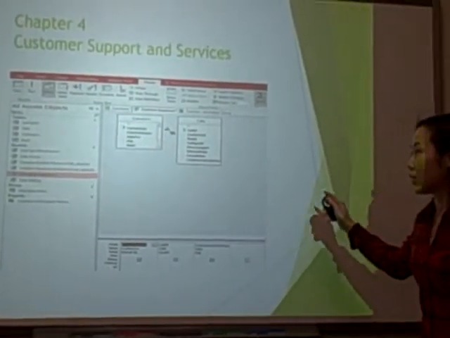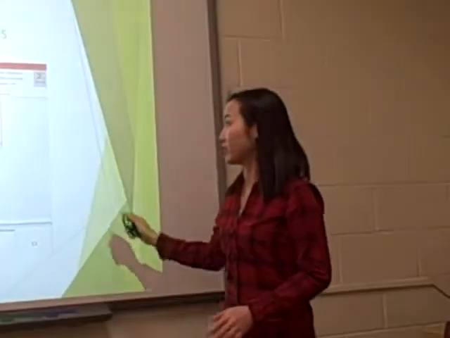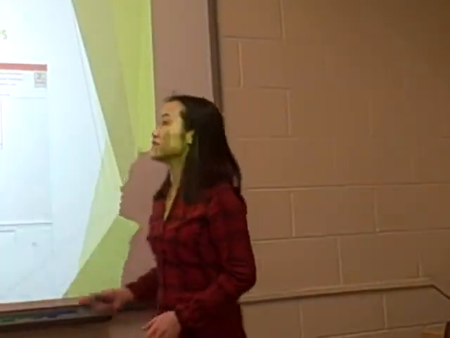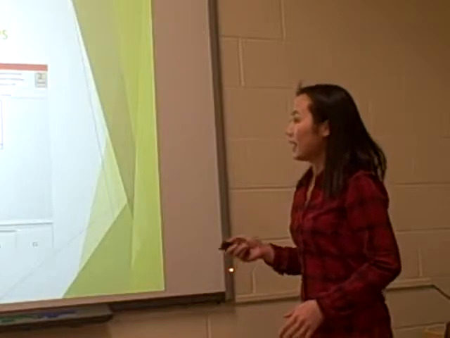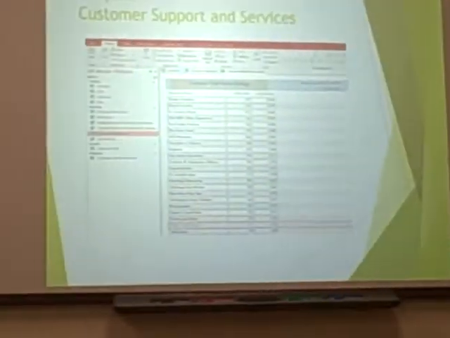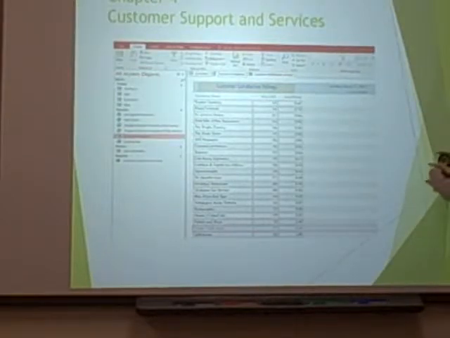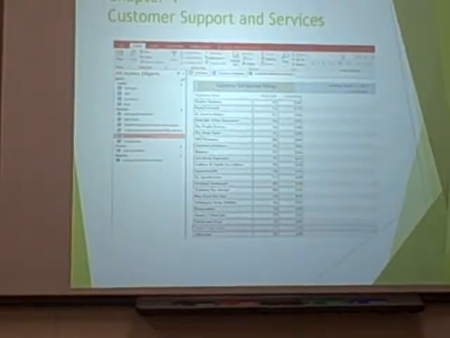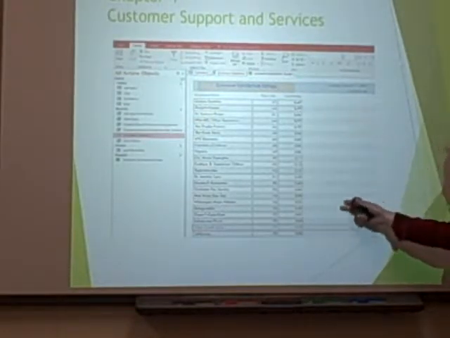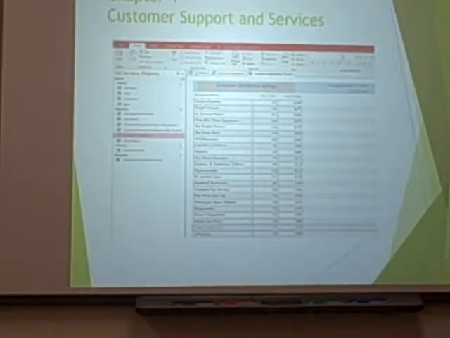As we know from Chapter 2, we have the cross-reference with the calls, for our customer service. Here are the ratings from our customers on customer service satisfaction, and as you can see, we got really great ratings from our customers.